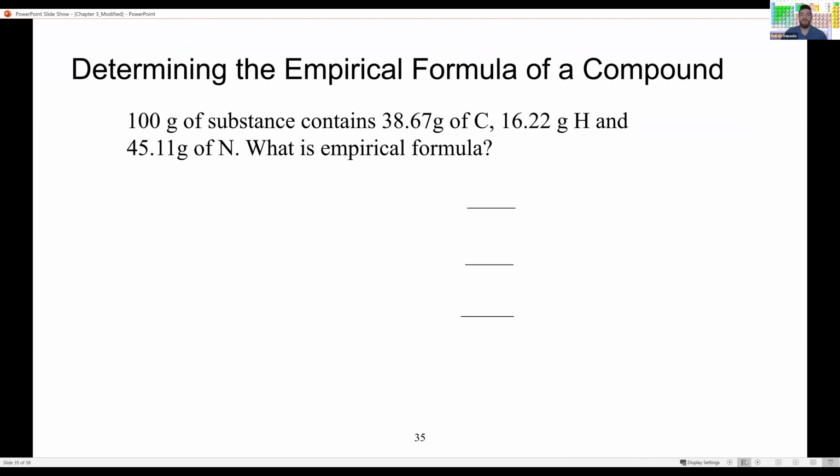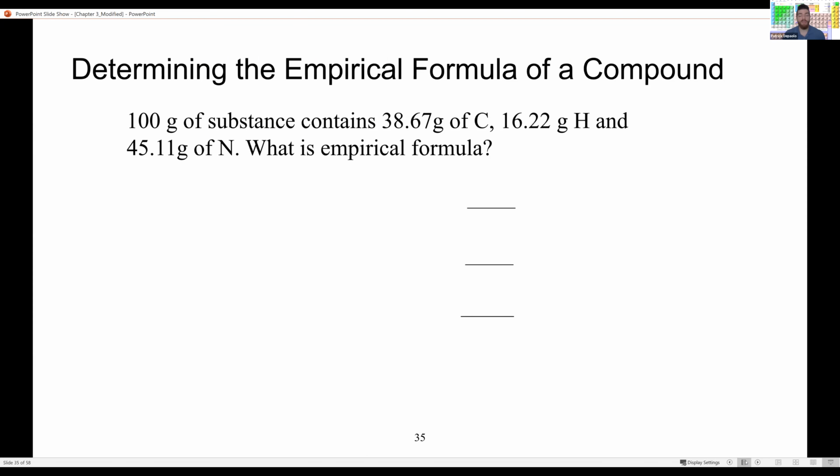It contains 38 whatever grams of carbon, 16 grams of hydrogen, 45 grams of nitrogen. What is the empirical formula? Now there's a way to figure this out, and we're going to go through it stepwise. Another way that they can word this question is you have a substance that contains 38% carbon, 16% hydrogen, 45% nitrogen. What is the empirical formula?